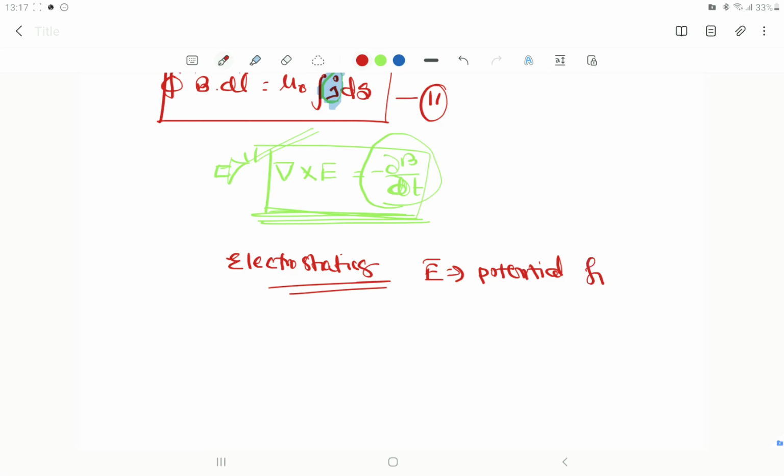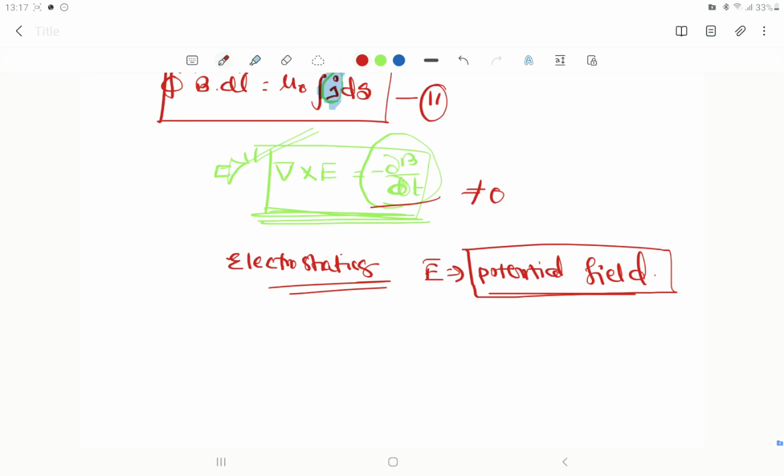If electric field is a potential field, then the curl of the field must be zero. But here it's not equal to zero. So this tells that there must be an electric field which is not a potential field.